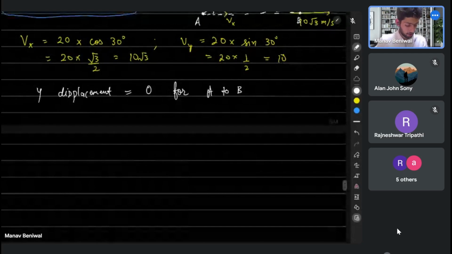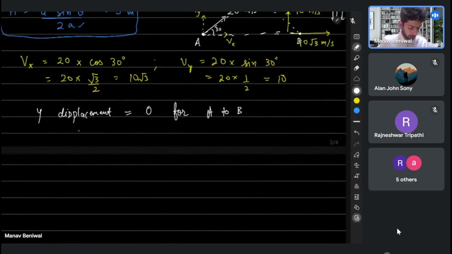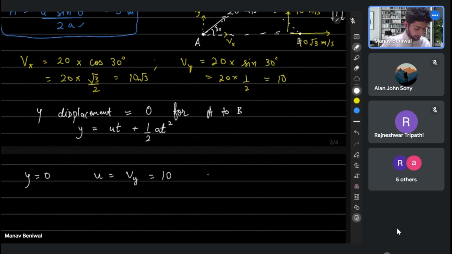Now using equations of motion, we know that we can write y is equal to ut plus half at squared. And here y is 0, which is the displacement. u is simply our Vy, which is 10. t we want to find out, and acceleration is minus 10.